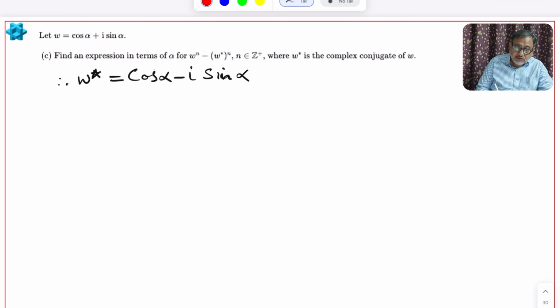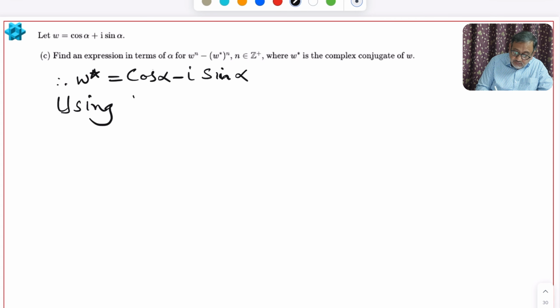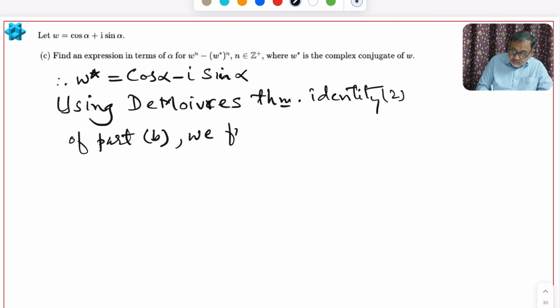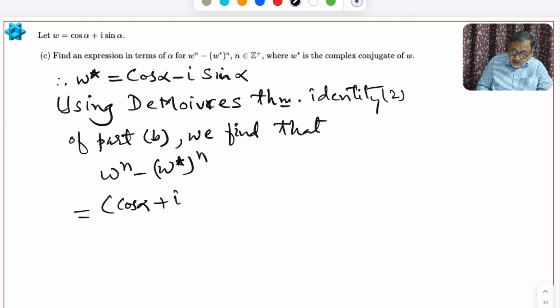Now using De Moivre's theorem, in identity 2 of part B, we find that W to the power n minus W conjugate to the power n will be W to the power n, means cos alpha plus I sin alpha to the power n, minus cos alpha minus I sin alpha to the power n.